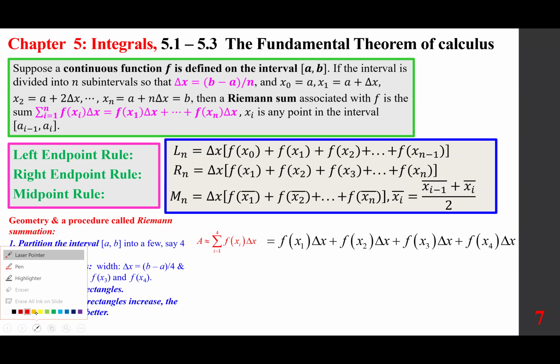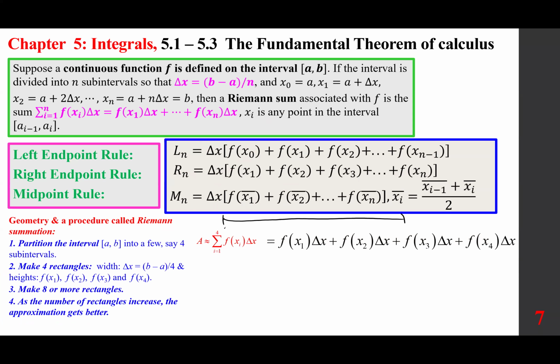And the best course of action, instead of memorizing this formula, is to just call this a, call this b, and cut it into however many pieces. For example, if it's 4. For the left endpoints, use all of this except b. Don't use b for the left endpoint. By that, I mean don't use f of b.